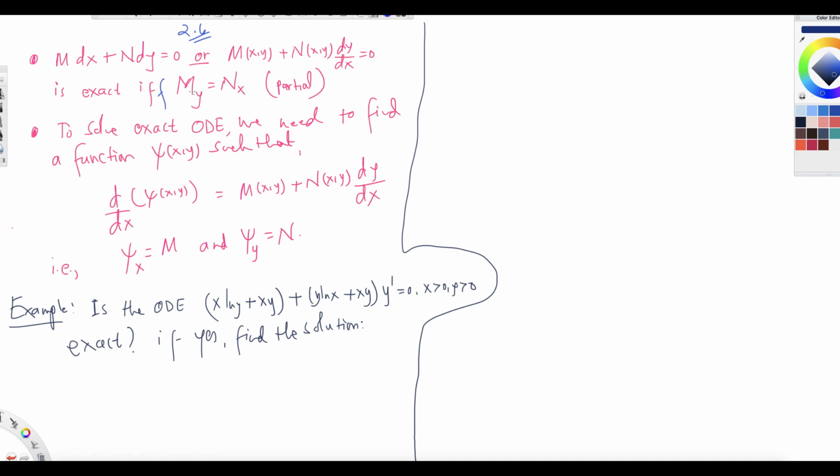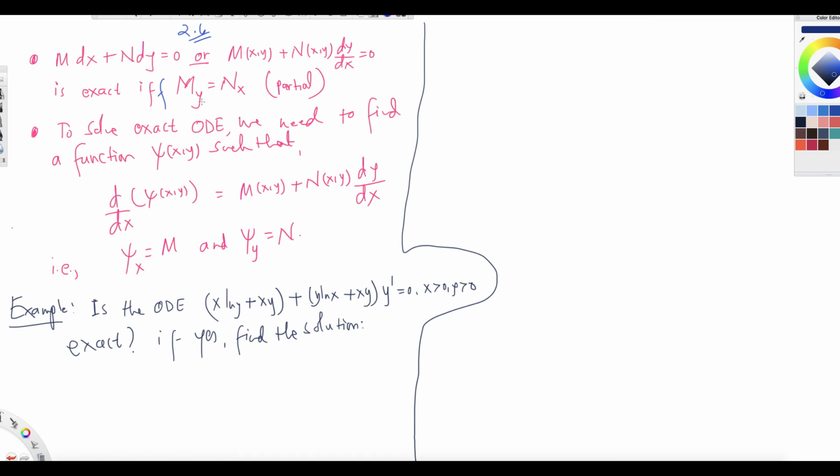Partial derivative means when you find the derivative with respect to y, you take anything other than y as constant. When you are finding with respect to x, anything other than x is considered constant. So if the partial derivative of M with respect to y is equal to the partial derivative of N with respect to x, then we call it exact.